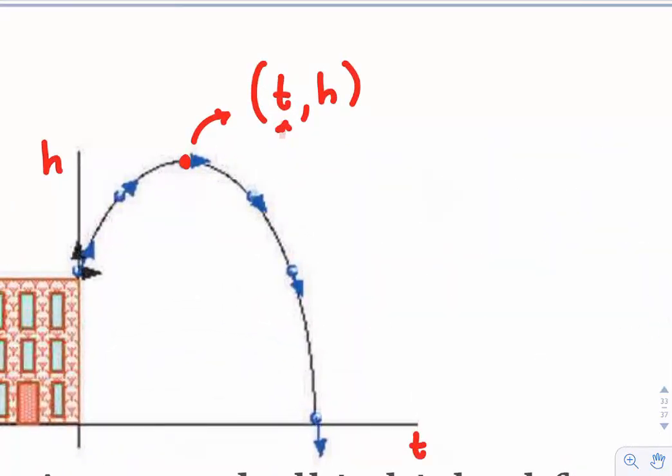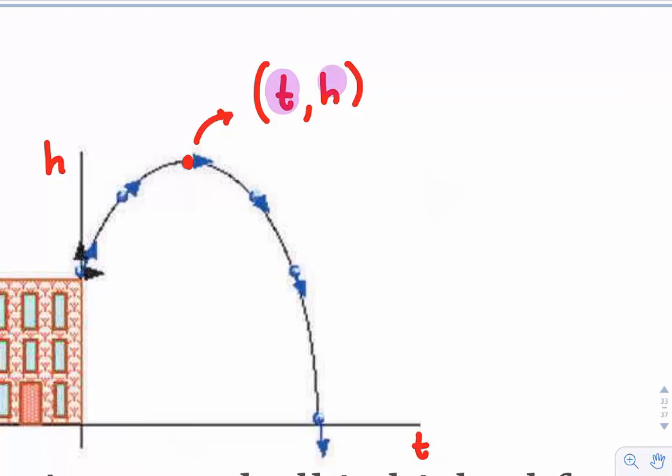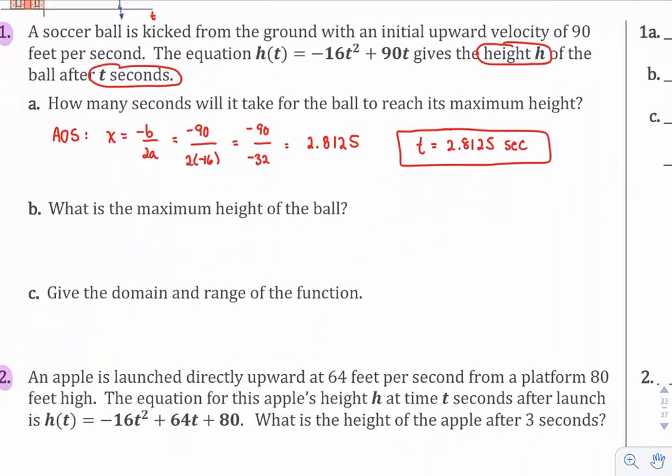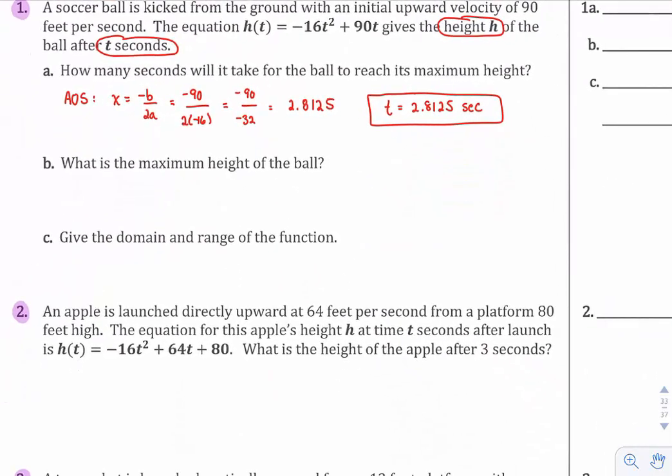I found it. So I've got that done, and now I want to know what is the actual maximum height. So now I'm going to find the y value of the vertex, which in this case is h. I'm going to go ahead and find that y value, and the way you do that in this problem in particular is h of 2.8125.